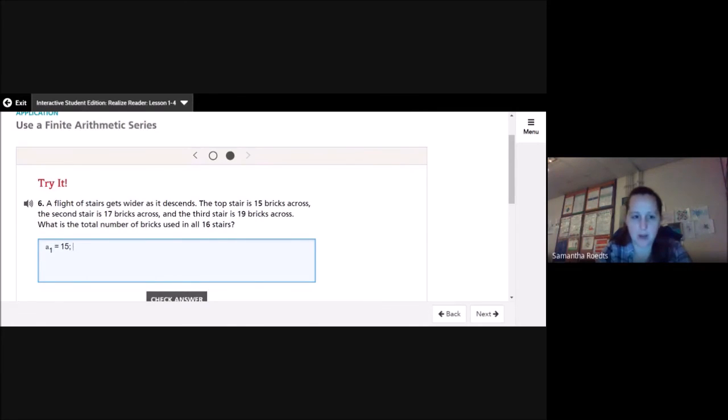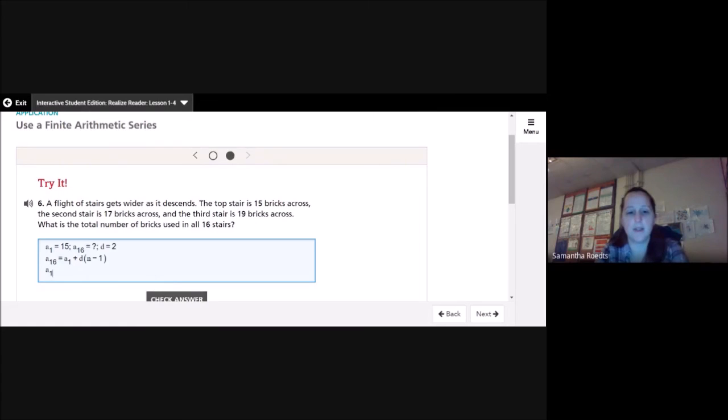I need to figure out what a sub 16 is. d equals 2. So I have a sub 16 equals a sub 1 plus d times (n minus 1).